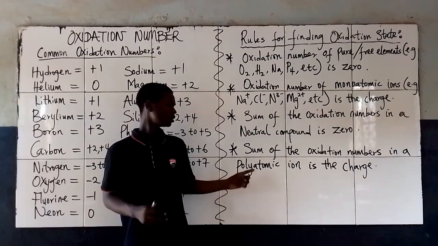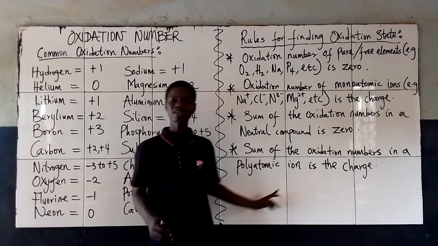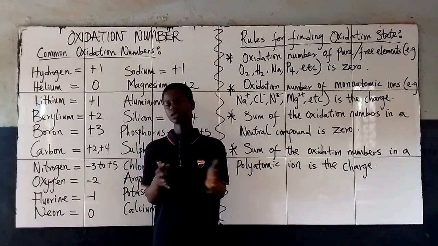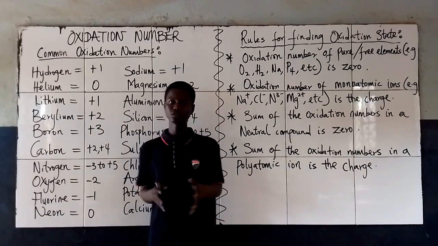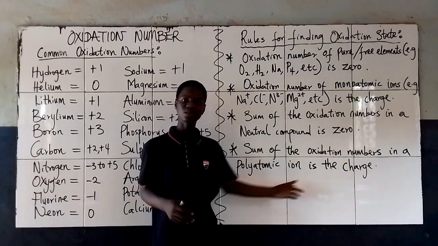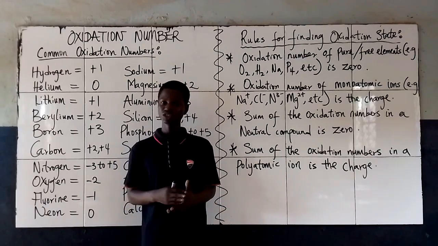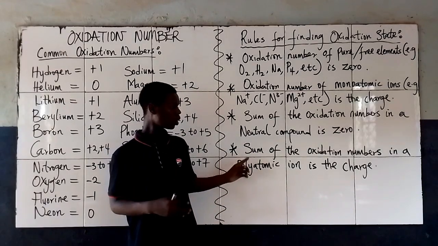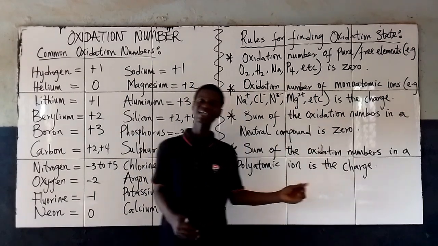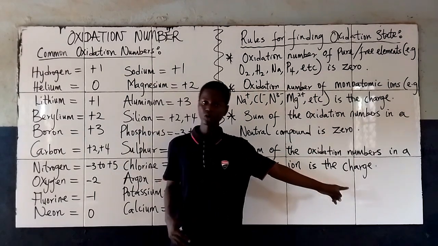That is the rule. Now, if it was a polyatomic ion that the element was found in, let's say find the oxidation number of nitrogen in nitrate ion. Nitrate ion is a polyatomic ion because you have oxygen and you also have nitrogen. So the rule to use is that the sum of the oxidation states in that polyatomic ion should be equal to the charge.